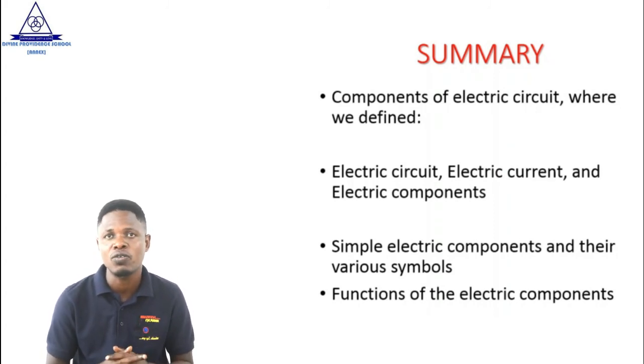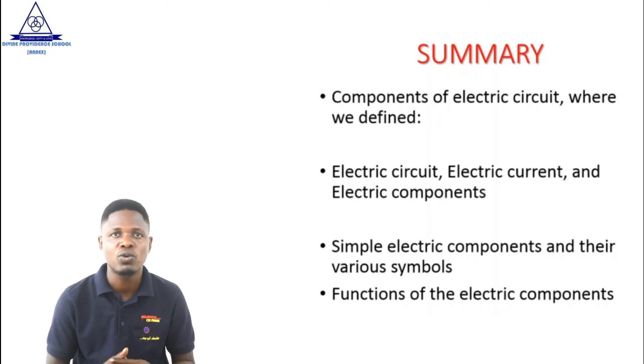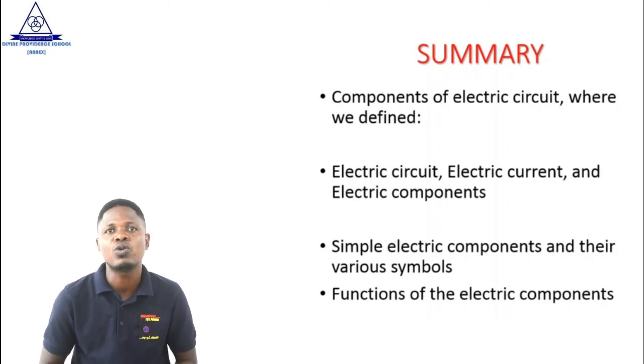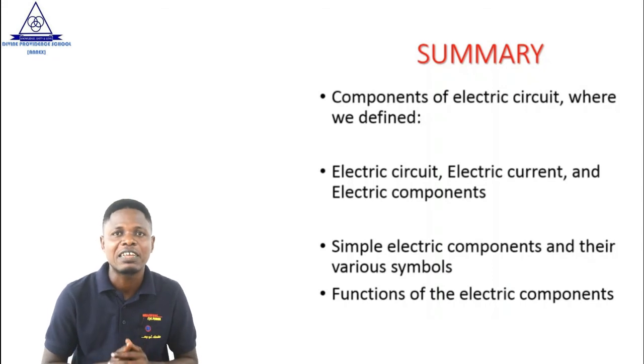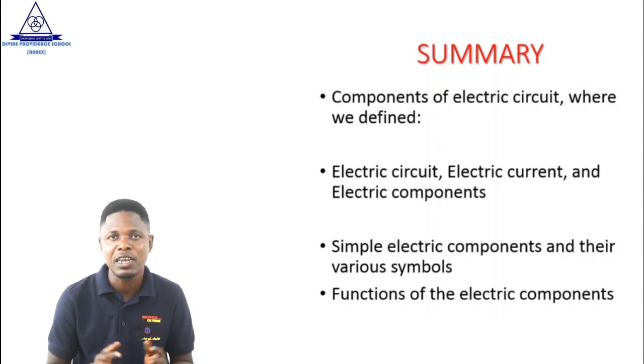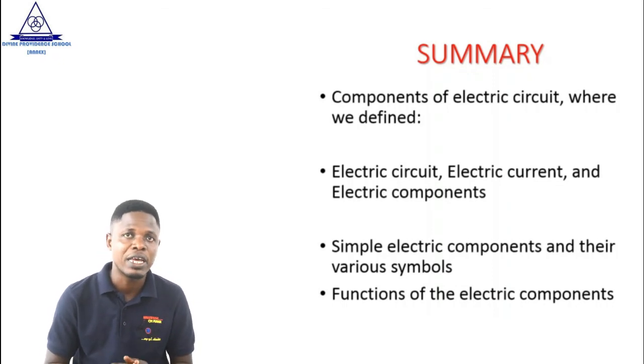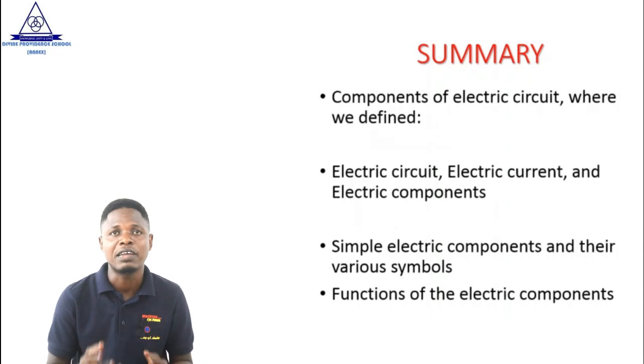We also got on to simple electric component and their various symbols. From there, we looked at the last, which was functions of the electric component, where I explained them clearly to all of you. On this note, we will bring the lesson to an end, but let's look at our assignment.